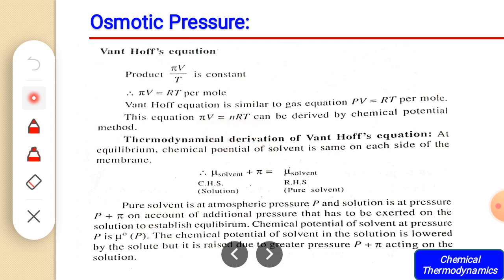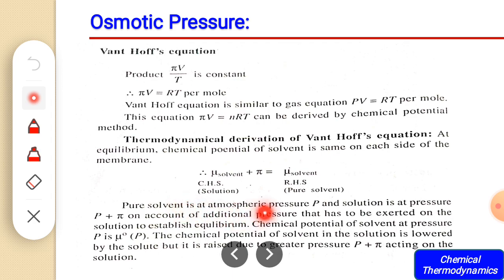So definitely, dear friends, we can also derive the thermodynamic derivation for the Van't Hoff equation based upon the chemical potential of solvent in pure solvent and in the solution. The chemical potential of the solvent in the solution is mu of solvent plus osmotic pressure, while the chemical potential in the pure solvent is only that of the solvent.